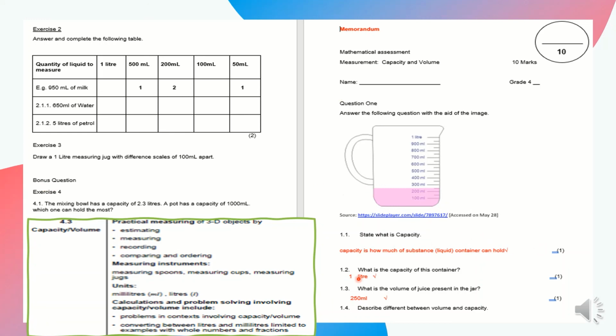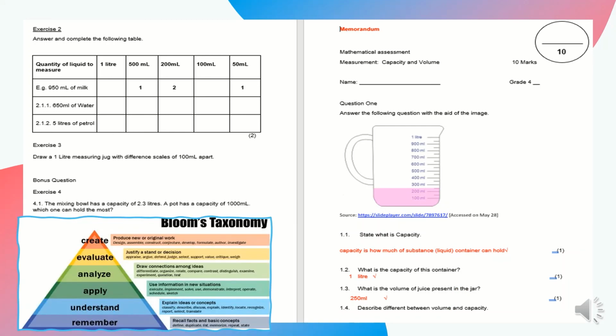Capacity, I've explained this. Basically, I've explained everything. Yeah. Okay, is it going along with Bloom's? As I said before, this one is application. This is applying how volume and capacity, how you can fill up a capacity and how much volume you need to fill up that capacity.